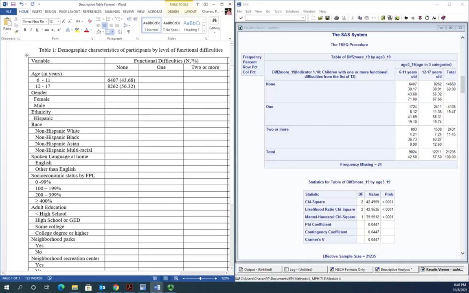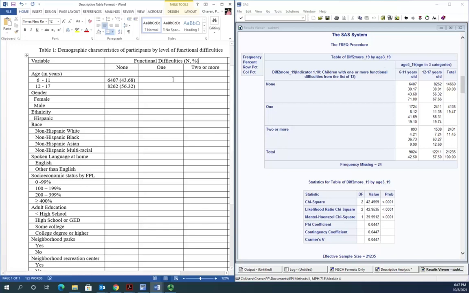So when we put this right besides functional difficulties, the scientific audience reading the paper knows that the first number denotes n and the second number is the percentage number. So this is how we can tell our audience that what we are showing in the descriptive table is frequency and percentage.